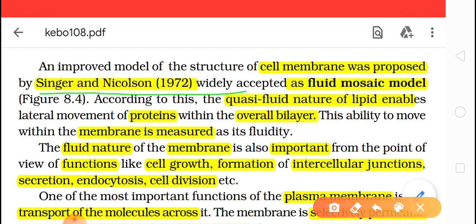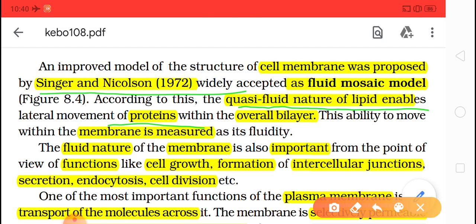According to this, the quasi-fluid nature of lipids enables the lateral movements of protein. So the fluid mosaic model has a quasi-fluid nature. Quasi-fluid, I told you, means it is not solid and it is not liquid. So the quasi-fluid nature enables the lateral movements of protein within the lipid bilayer.